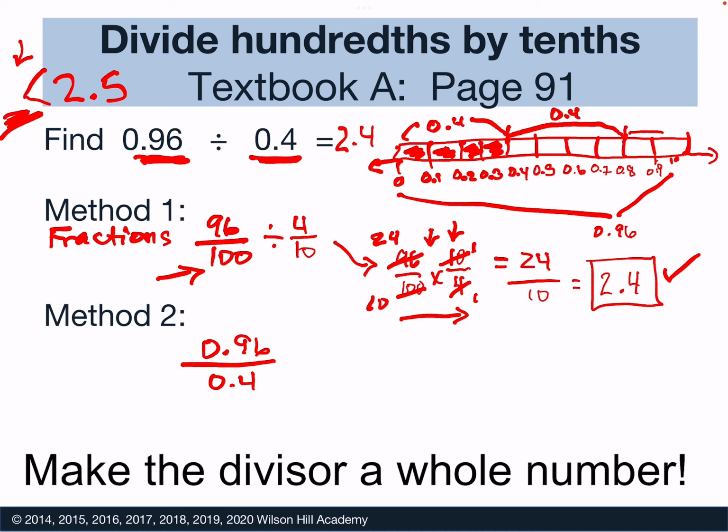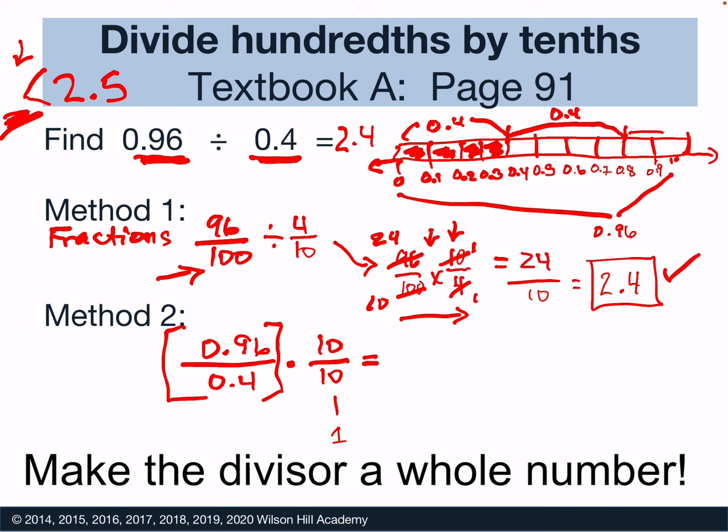96/100ths divided by 4/10. And to make our divisor a whole number, in this case, we have got to multiply by tens. Okay, but I can't just multiply by 10. I have to multiply by 10 over 10, which is 1. And that way the actual value of this division problem does not change. We keep the value exactly the same by multiplying by 1 in this case, okay?